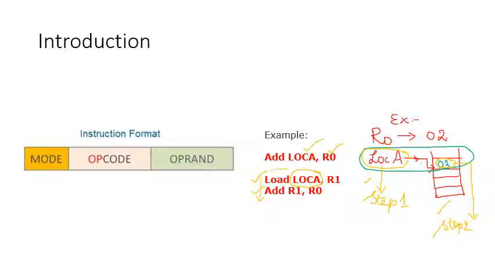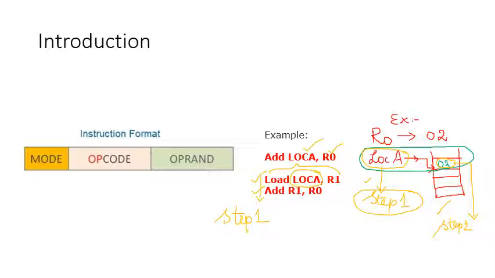So step 1 is similar to that of Add location A, R0: it first fetches the instruction from the main memory. Then it fetches the operand at location A from main memory into the processor, to register R1.